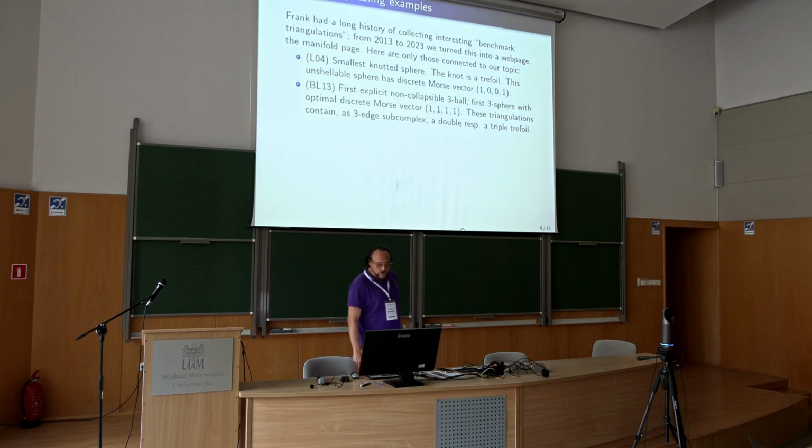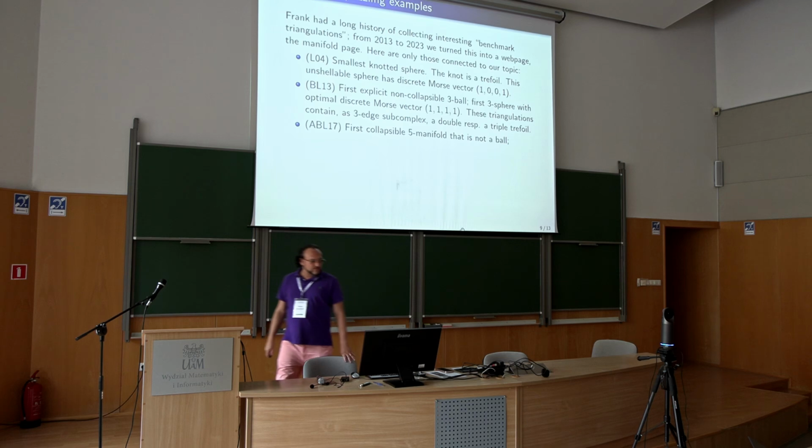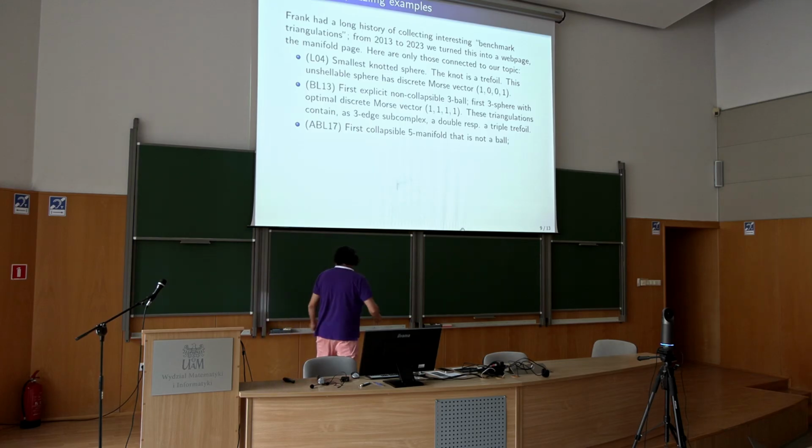The knots were respectively the double trefoil for this and the triple trefoil for this. This is a paper with Karim Adiprasito, the first example of a collapsible 5-manifold different than a ball. Basically, it boils down to this.